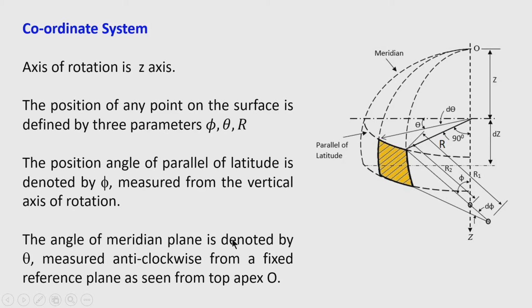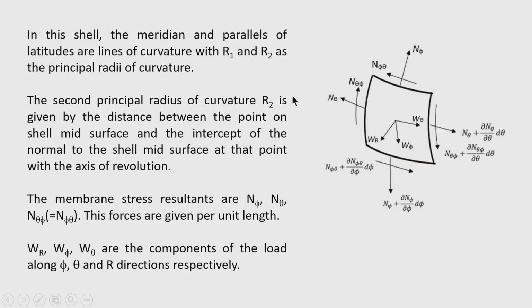The angle of the meridian plane is denoted by theta and measured anticlockwise from a fixed reference plane, taken here as the z x plane, if this is the x axis. Now, the meridian and parallels of latitude are actually lines of curvature.